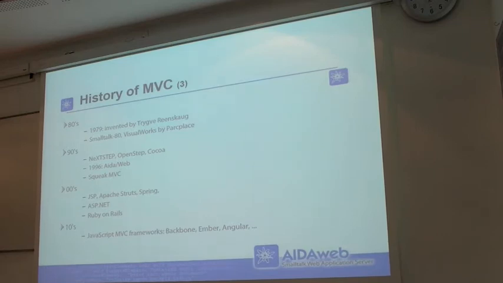Another part is web stuff, which was actually in year 2000 and later very interesting. But in 1996, Aida/Web was born, and Aida/Web is an MVC framework, but also VisualWave from ParcPlace at the time was born around the same time. I forgot to mention VisualWave, apologize for this.